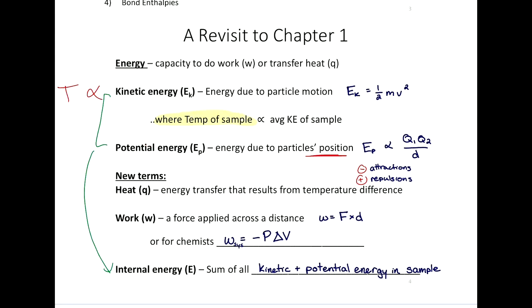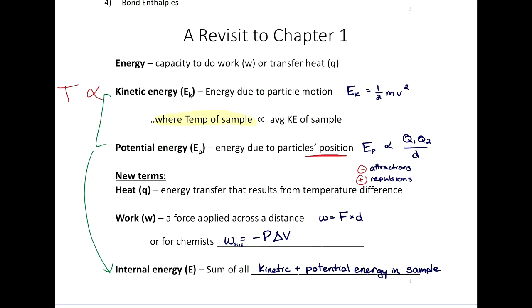Potential energy, on the other hand, is a topic that definitely differs from our physicist neighbors, where we still think about particle positioning from one another, but mainly for chemists we care about attractions and repulsions of charges, where typically attractions have a negative potential energy and repulsions have a positive potential energy associated with them, and the equation for Coulombic attraction.